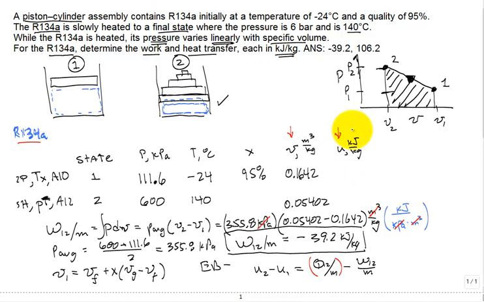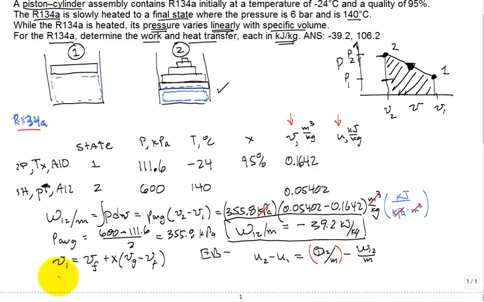And yes, just like we got the specific volumes, we can get those internal energies. So the internal energy at state 1, here I need to scoot down just a little bit. So U1 would be U sub F plus the quality at state 1 times U sub G minus U sub F. And so we calculate that internal energy is 203.85. Okay.